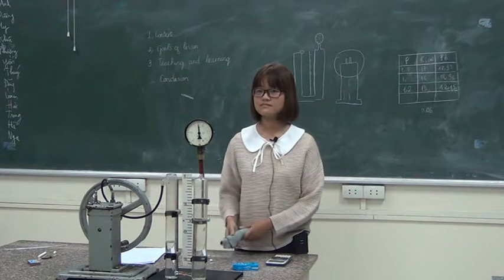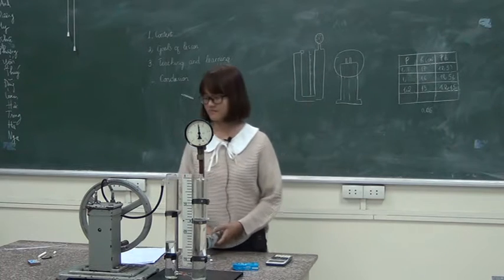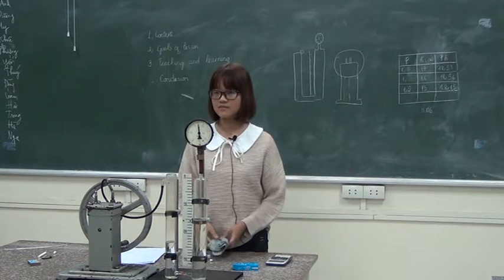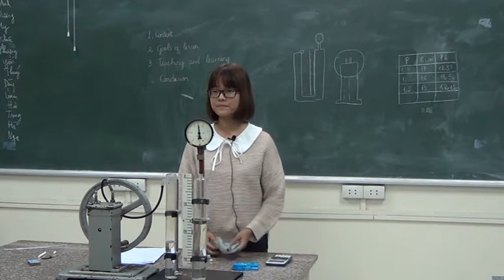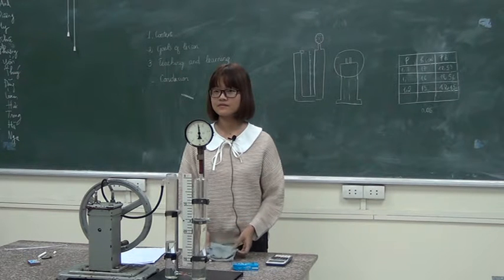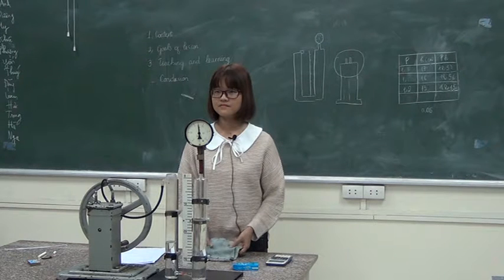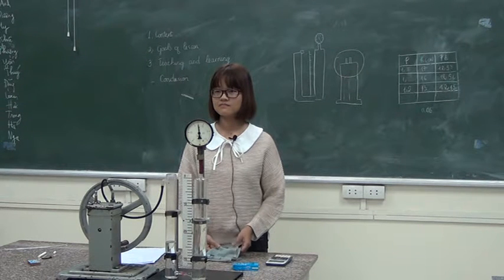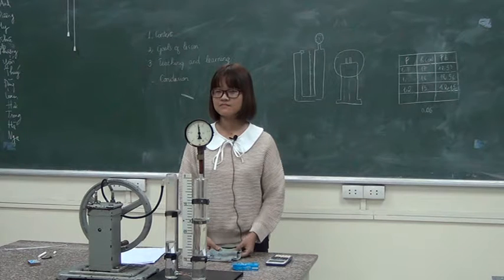You just simply turn one round to raise the water level up, and the water level is not necessarily in line with the scale on the ruler. What I suggest is you just turn a half or a little bit, and you can do it right now.